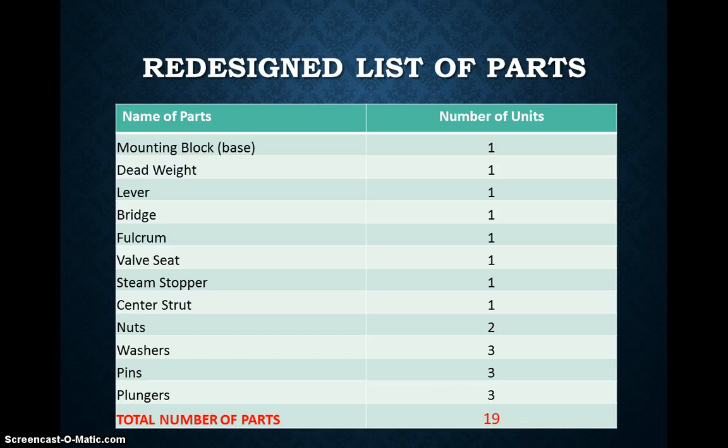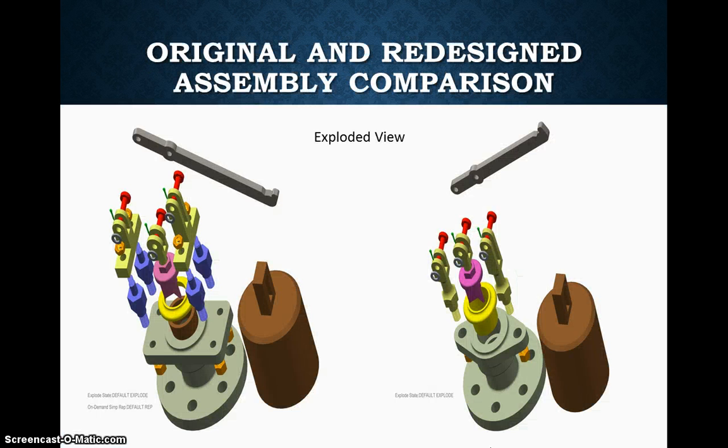The new redesigned assembly has a total of 19 parts, which previously was 30. This figure shows the exploded view of the original assembly and the redesigned assembly, in order to compare them.